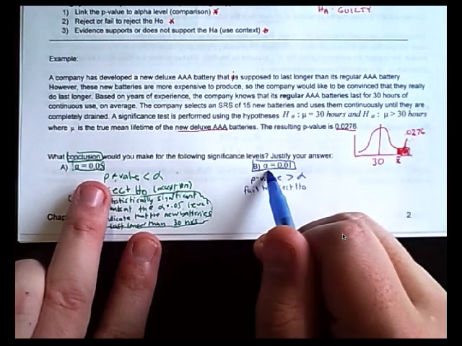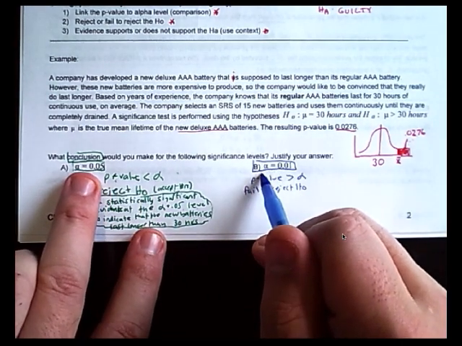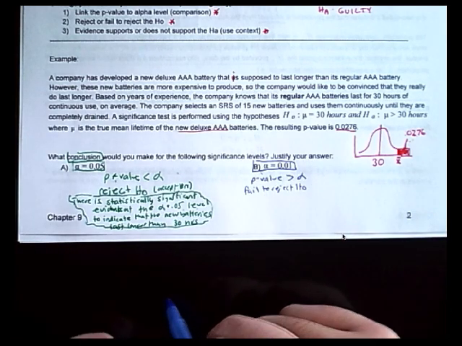That's why we always choose the alpha before we run the test, so we're not fixing our results.